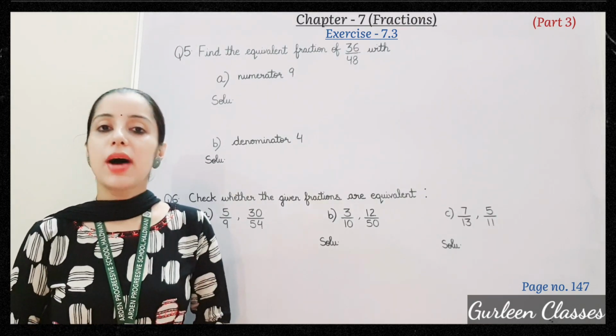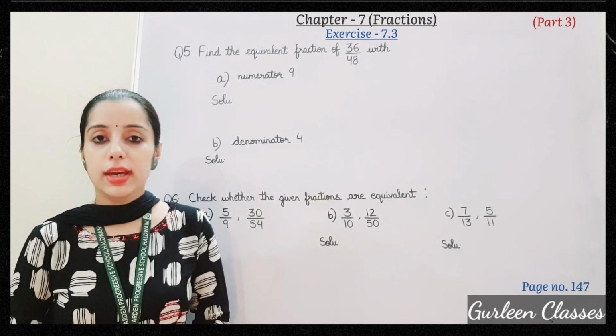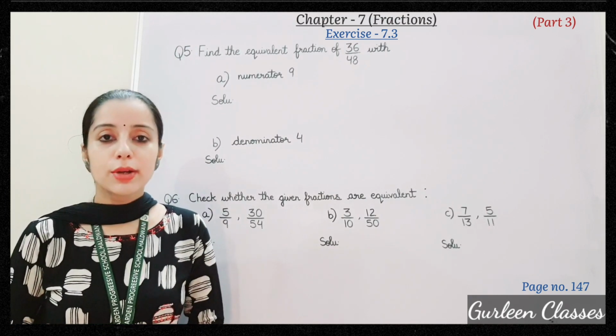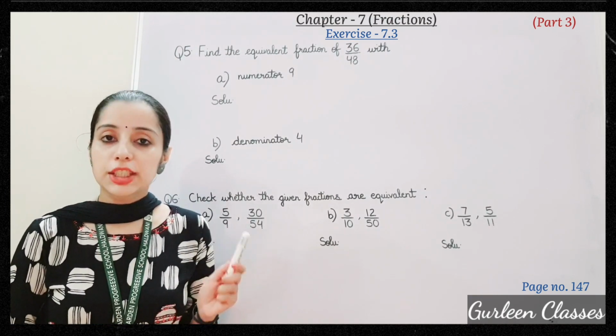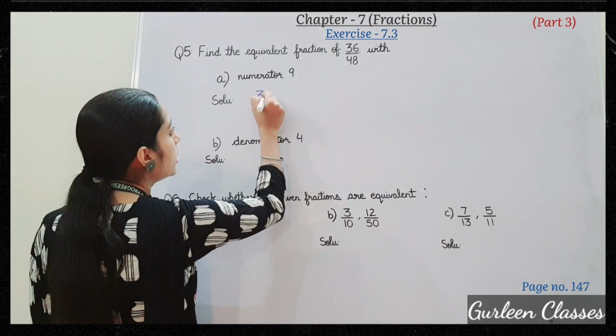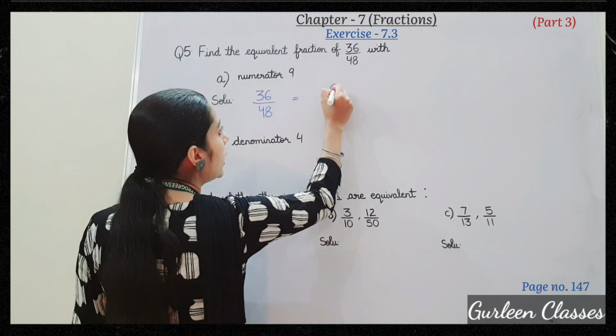Question number 5. Find the equivalent fraction of 36 upon 48 with A: numerator 9. So this question is similar to the question which we have done. The fraction given is 36 upon 48, and the numerator is 9.